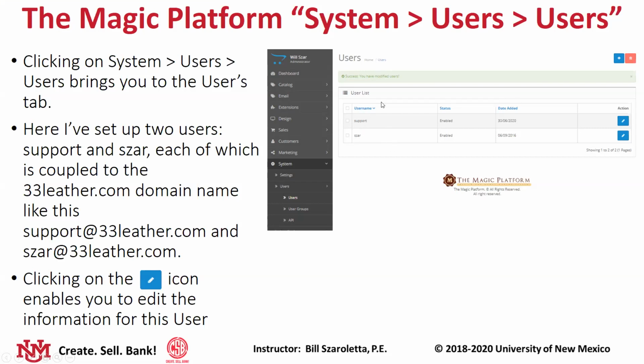You come over here and you see we have 2 users. Now, this is going to be your store, so you can click on plus and you can add new users, or you can click on this icon, as shown here with the little pencil and the edit icon, and you can edit the information about any particular user. So because it's your store, you can add people that you trust to be able to log in.